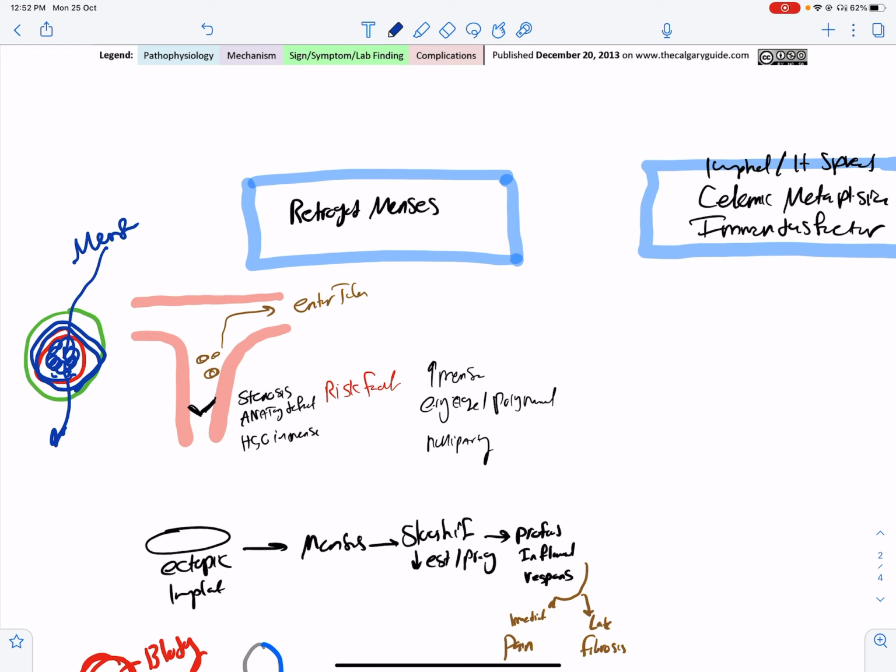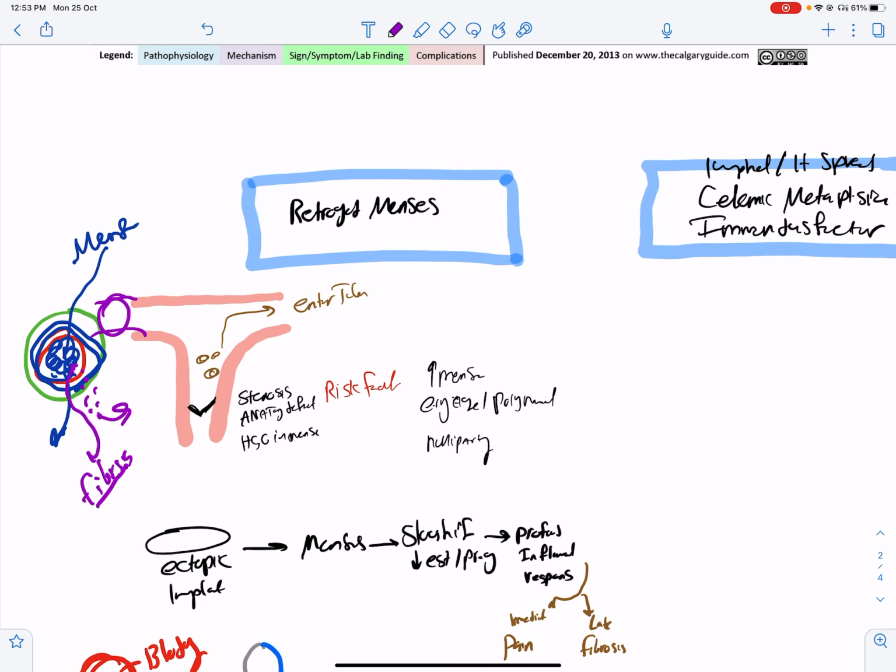Now, this will lead to what? This will lead to inflammatory cell release, and then will cause pain. This is number one. This is why we have pain. Number two is there will be fibrosis. With time, there will be fibrosis, okay? And this fibrosis can occur in the tube, causing infertility, or this fibrosis can occur in the rectum, let's say anywhere.